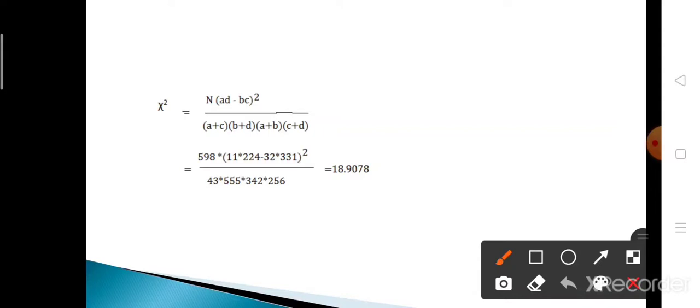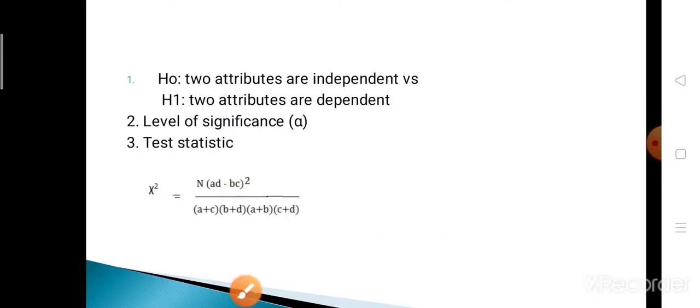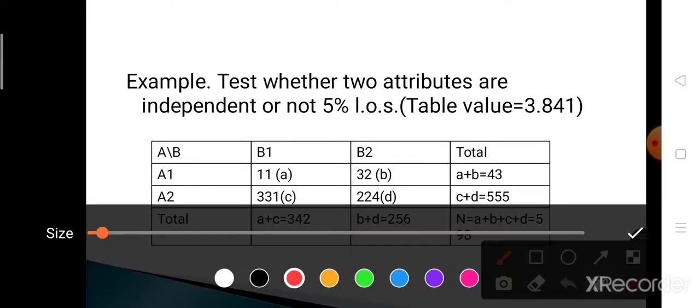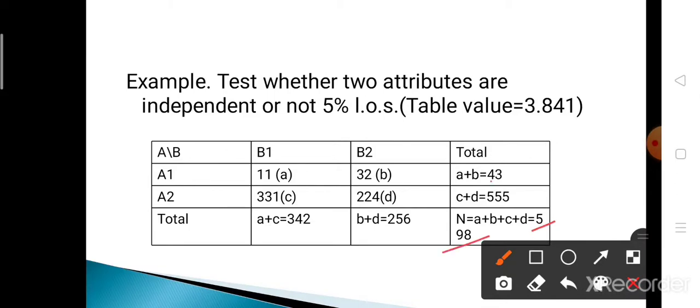The test statistic formula is chi-square equals N into bracket A into D minus B into C, square, divided by A plus B, A plus C, B plus D, C plus D. Okay, now just plug all the values in the formula. Capital N value is 598, A plus B is 43, C plus D is 555, A plus C is 342, B plus D is 256, A is 11, D is 224, C is 331, and B is 32.